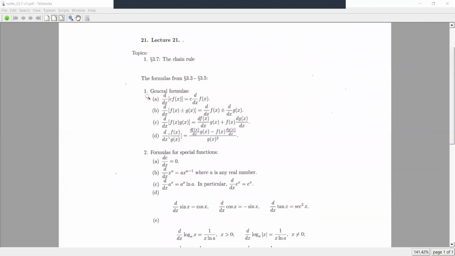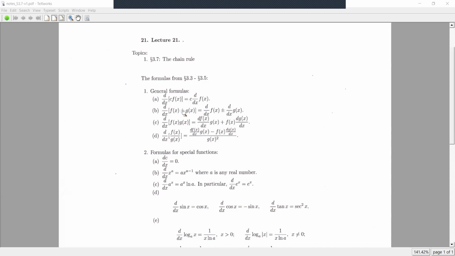In group 1, formula number 1 is the constant multiple formula. It says that the derivative of a constant times a function is the constant times the derivative. We can move the constant outside the derivative. Formula number 2 is the summation formula.